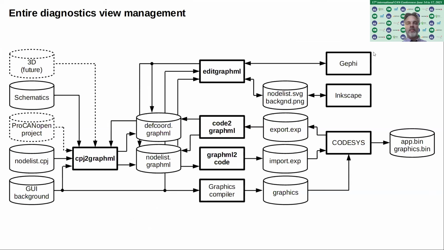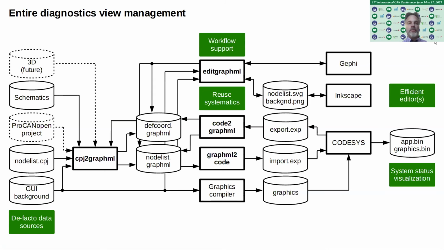On the left side, there's again standard CANopen project output plus electric schematics, and then transformation to the GraphML file, then editing either GraphML itself or via SVG file, and then bidirectional connectivity to IEC 61131-3 programmable displays.